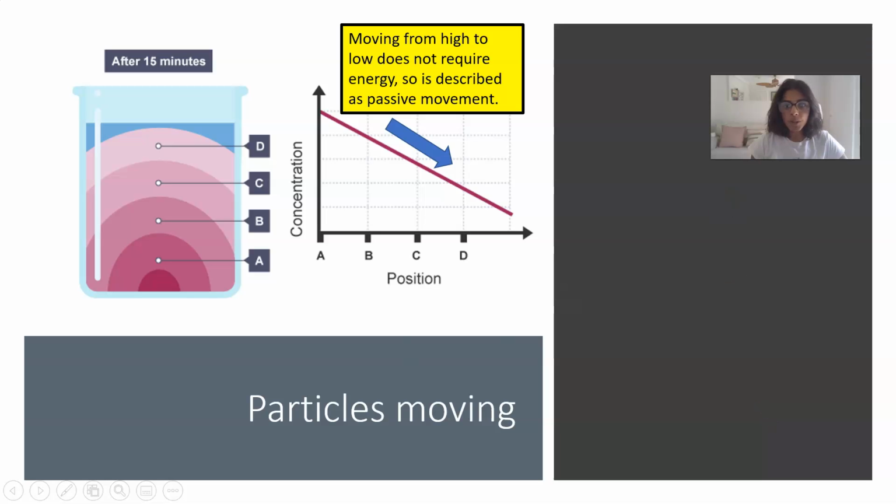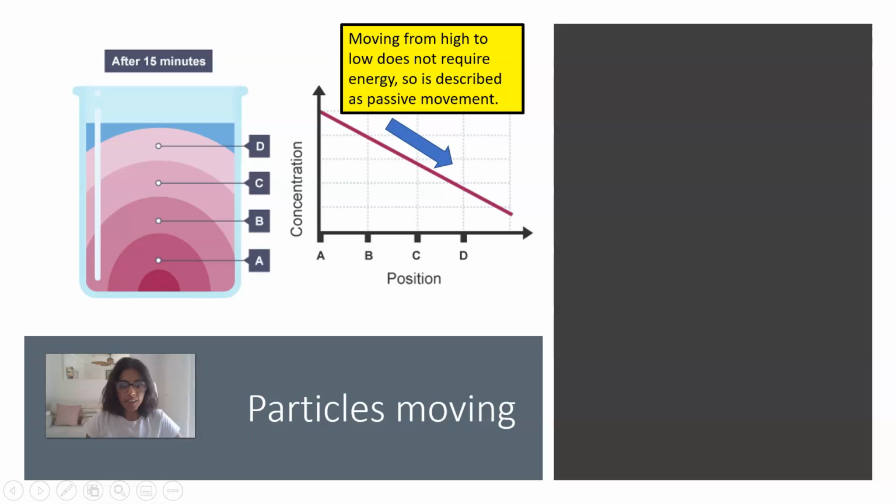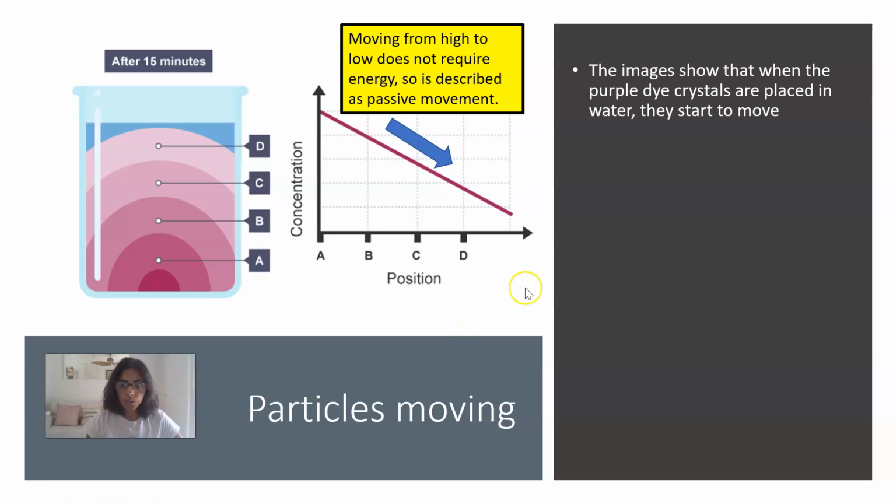So when we are looking at diffusion, and this is a really good explanation of how that works, we know that these dye crystals are moving away from that really high concentration to where there isn't any dye. So that's a low concentration. Now this process, you can just leave that beaker on its own and this process will happen.